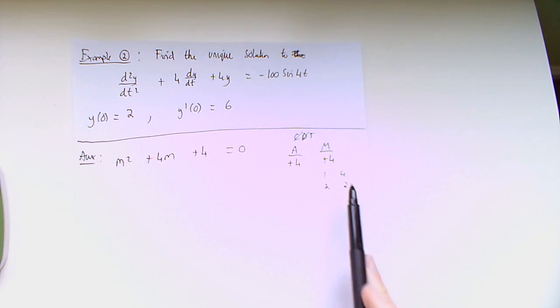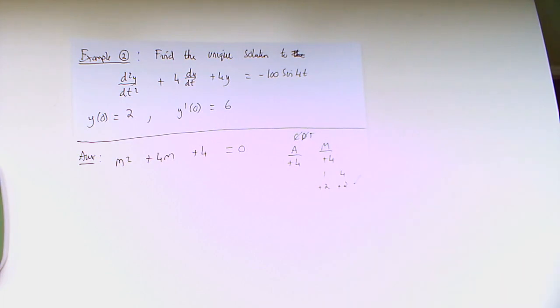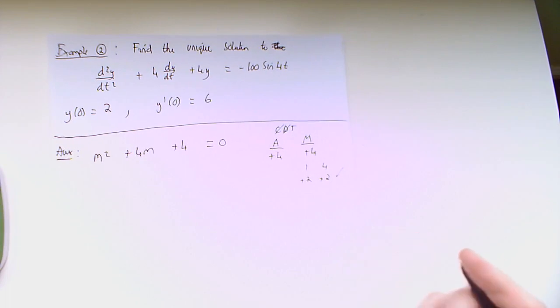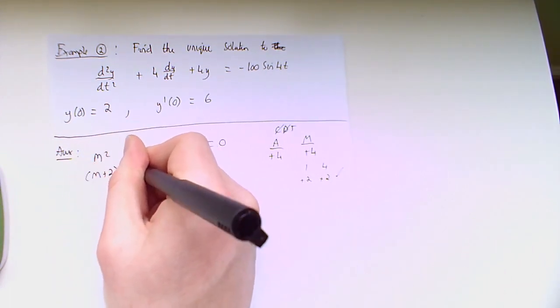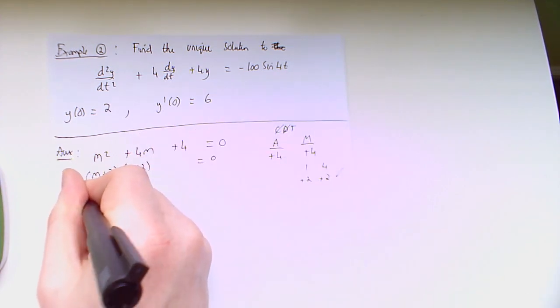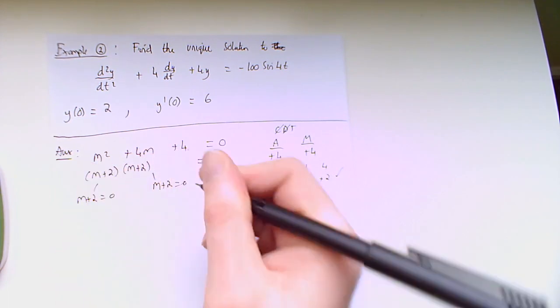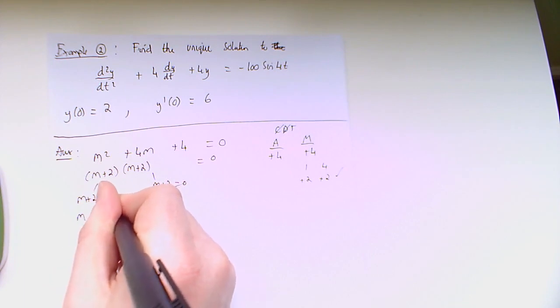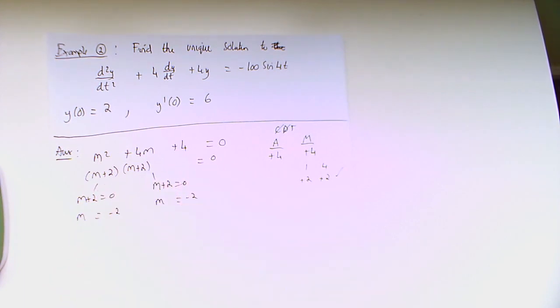Well, 1 plus 4 is 5, 2 plus 2 is 4, so it's that one there, and they both need to be positive because it's the only way that that's going to work. Okay, so I've got m plus 2 equals 0, so m plus 2 equals 0 and m plus 2 equals 0. So that means negative 2 and negative 2.